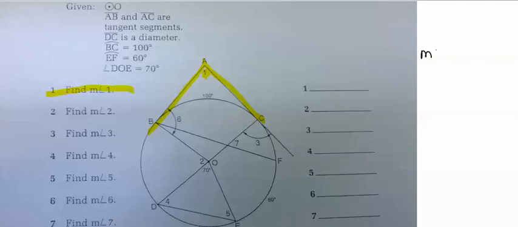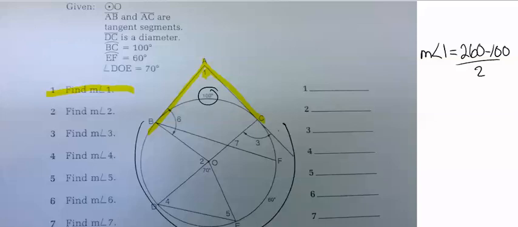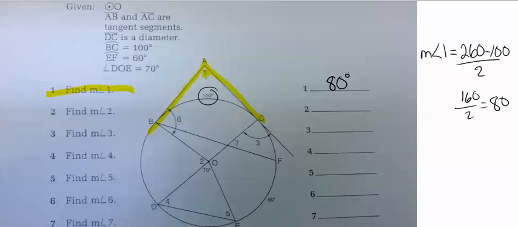So the measurement of angle 1 is 260 minus 100, divided by 2. Again, because this arc is 100, that outside arc has to be 260. So we get 160 divided by 2, which is 80 degrees. So the measurement of angle 1 will be 80 degrees.